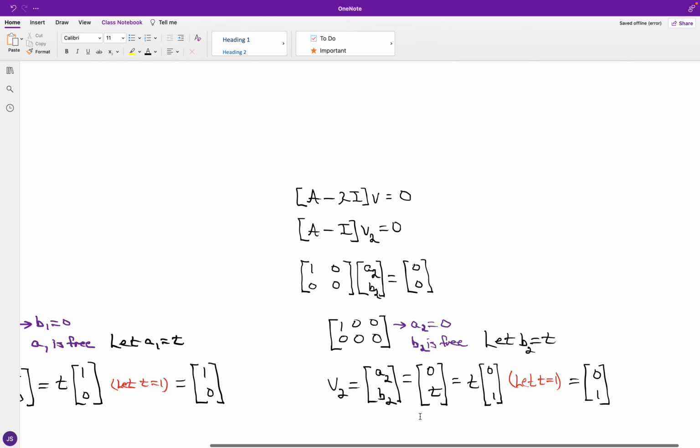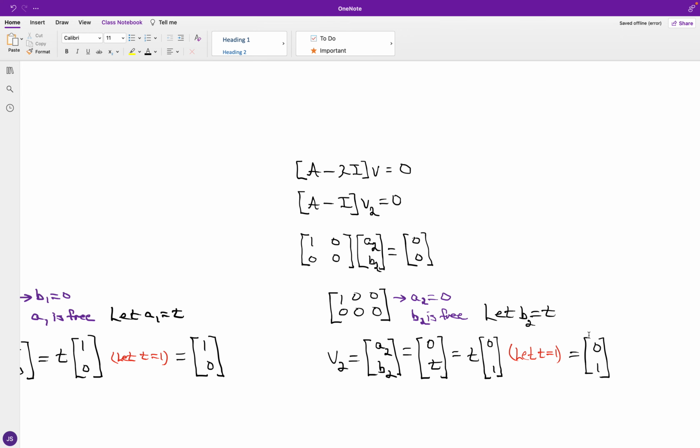For the second eigenvector, with the eigenvalue at 1, the augmented matrix is already in reduced row echelon form, because we have 1, 0, 0, zeros on the bottom. A sub 2 is automatically equal to 0, and b sub 2 is a free variable, and we let this be equal to t.